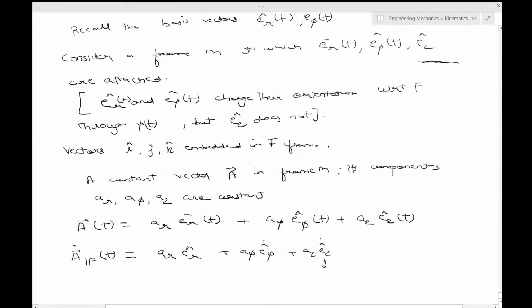So we can write this as A_r and then e_r dot.